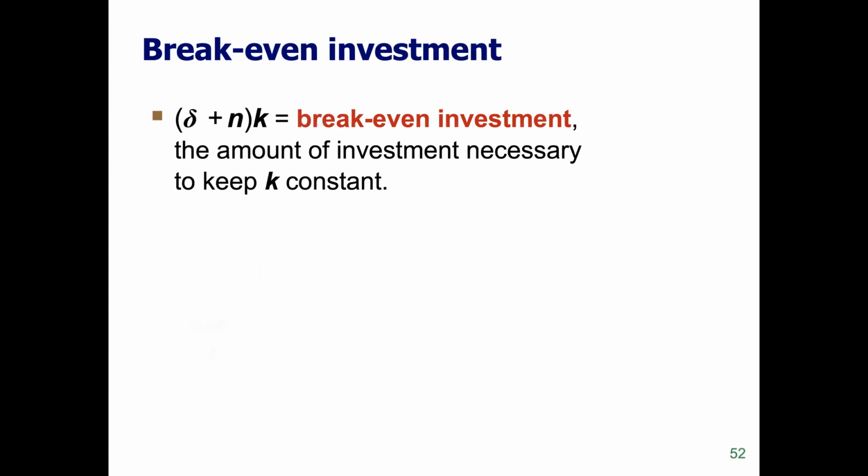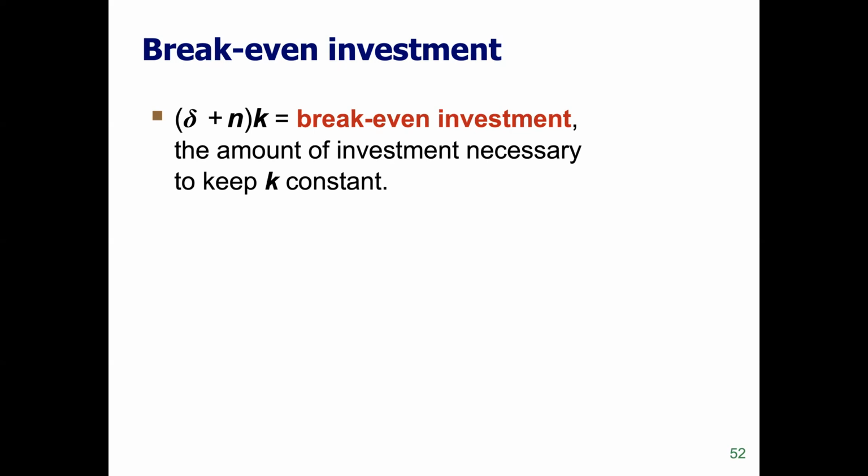Now, when we have population growth, in many ways, it's as if we replace the depreciation rate with the depreciation rate plus the population growth rate. And why is that? It's because we have this concept of break-even investment, the amount of investment necessary to keep capital per worker constant.